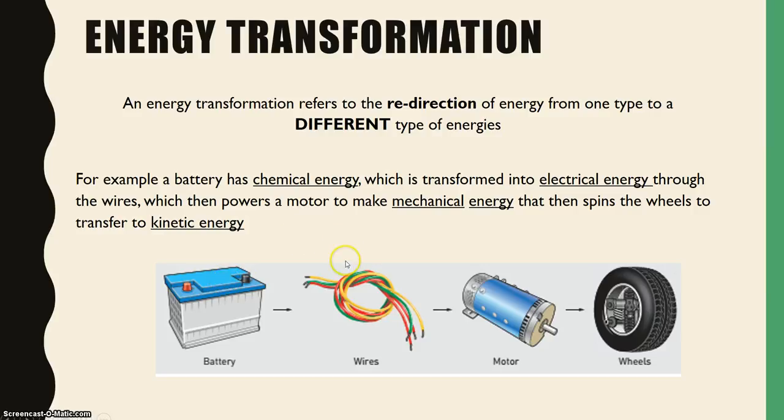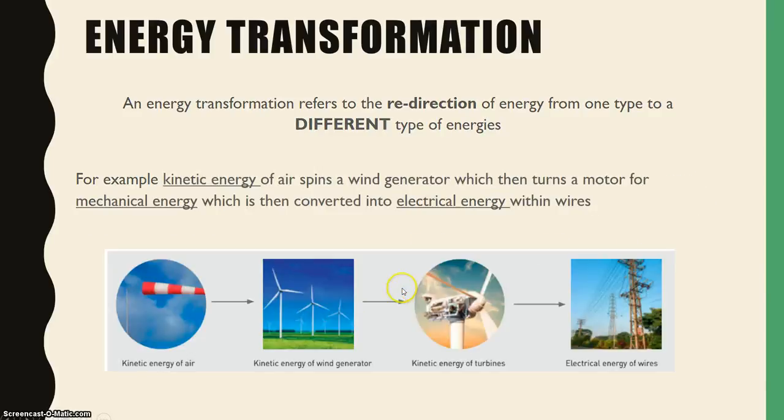So we're getting a transformation of energy, with different types of energy being changed as we move along this diagram from left to right. And finally, the wheels spin to make kinetic energy. So we have a transformation of energy because we have different types. This is another example showing the kinetic energy of the wind will spin a wind turbine. That's a transfer because it's the same type, which then spins the turbines to create electricity. That's a transformation there.